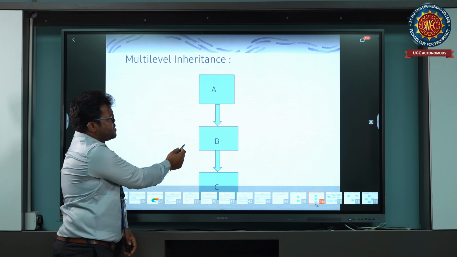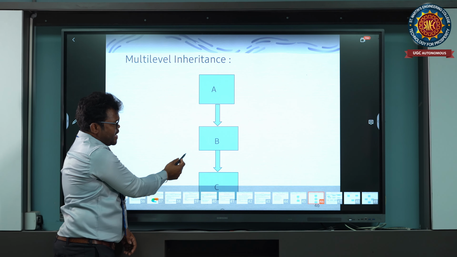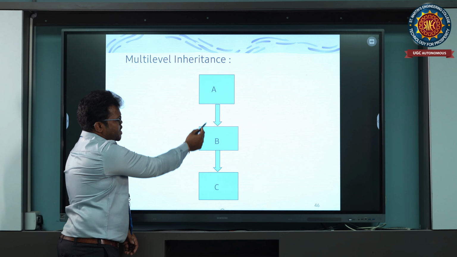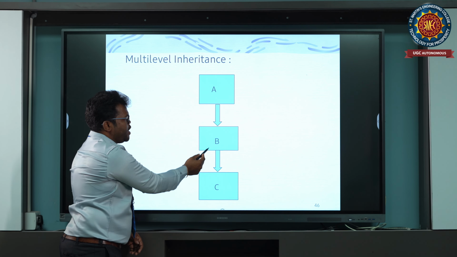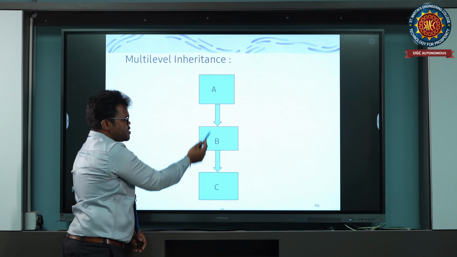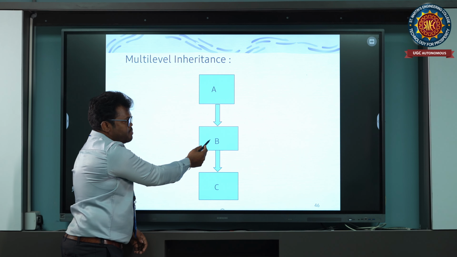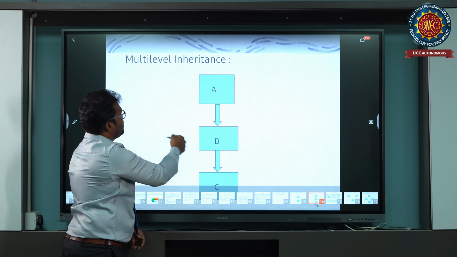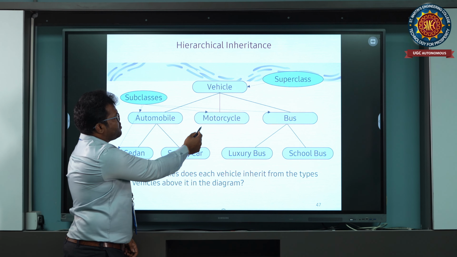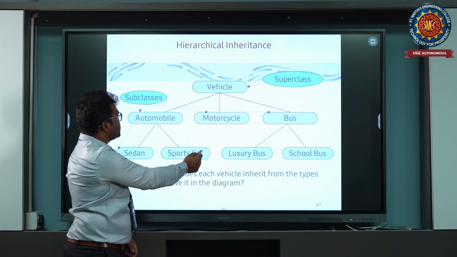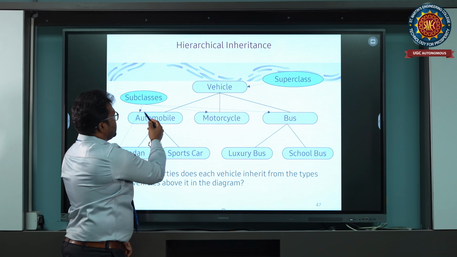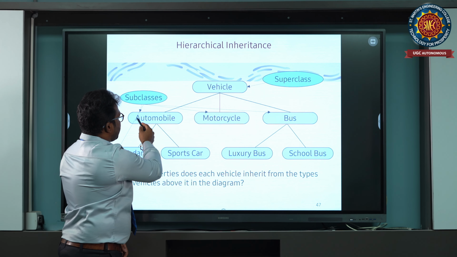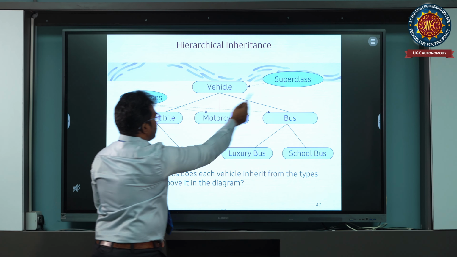Multi-level inheritance, this is the diagrammatic representation. Extends from C to B, B to A, class C to class B, and class B to class A. Here is another example, hierarchical inheritance. For example, vehicle, with subclasses below the superclass.